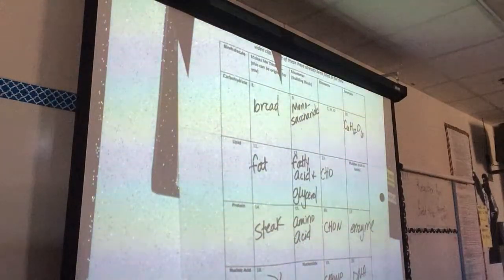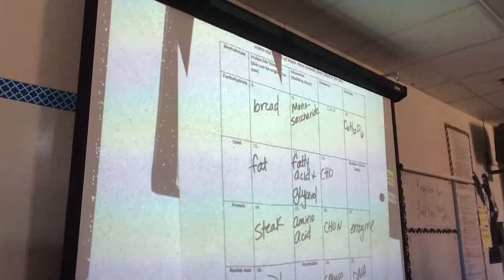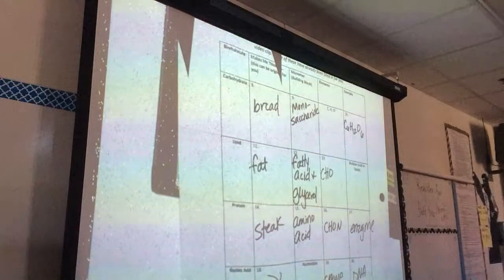The last one, nucleic acid. That crazy drawing I did is the structure of DNA. That's what they make me think of. The monomer of a nucleic acid is a nucleotide. The elements, Daniel, what elements are in a nucleic acid? It's on the board on number 19.